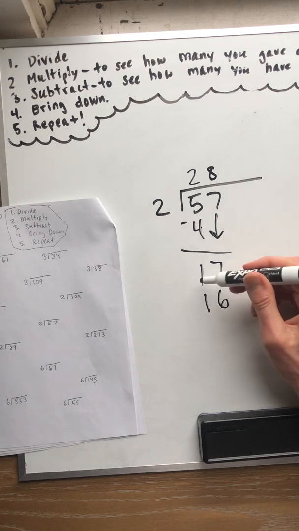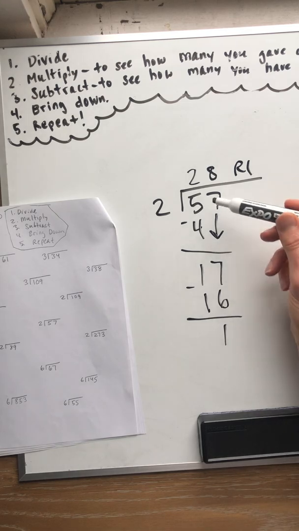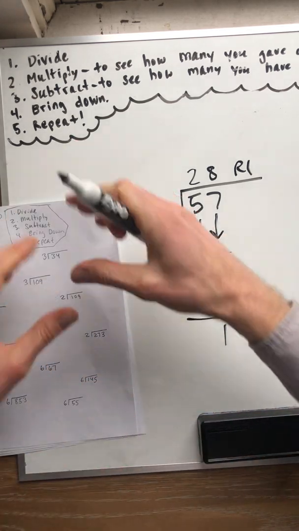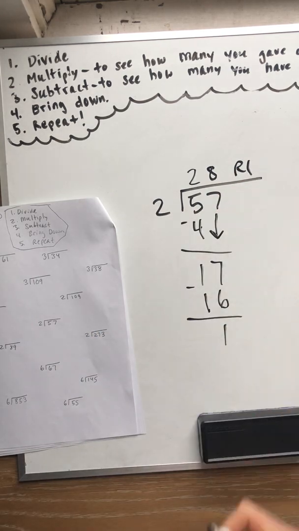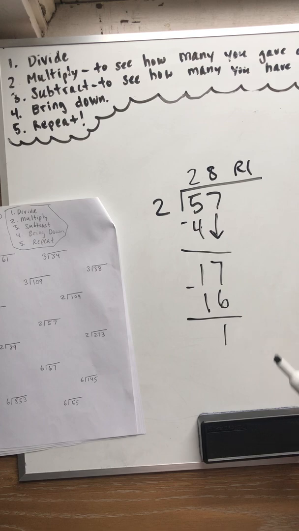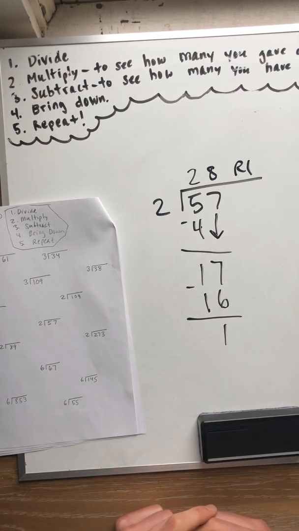Multiply to see how many you gave out. Subtract to see how many you have left. 17 minus 16 is 1. So there's 1 left over. If you have 57 of anything, and you split it in 2, it's going to be 2 piles of 28, with 1 left over. If you have $57 and 2 people, divide it in 2, each person gets 2 10s and 8 1s.